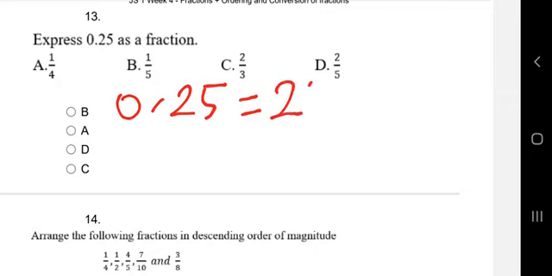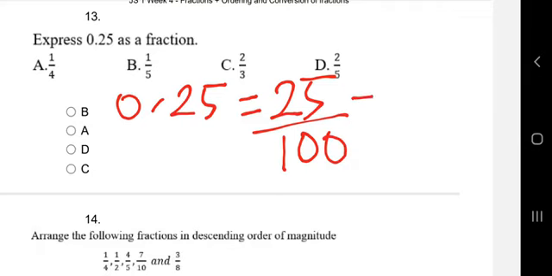That will give us 25 divided by 1. So how many digits do we have after the decimal point? We have 2 digits, which is 2 and 5. That will be divided by what? 100. So 25 here 1, 25 here what? 4. So the answer is equal to 1 over 4. That is option A.